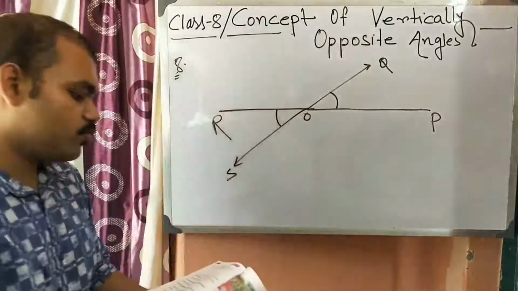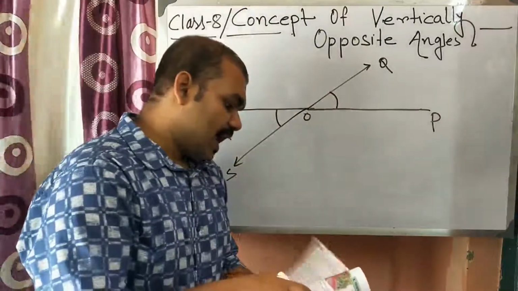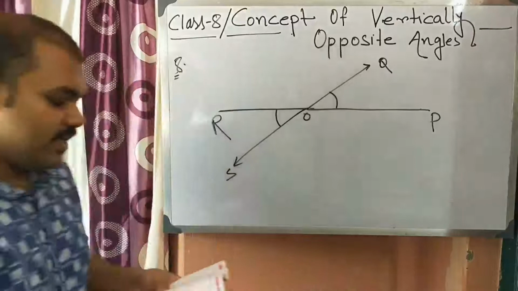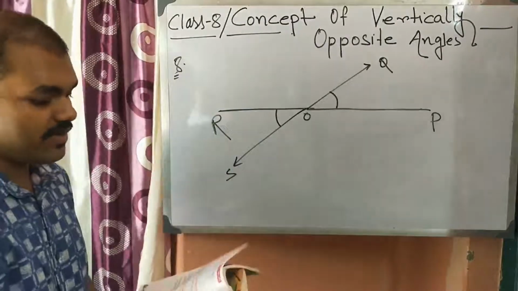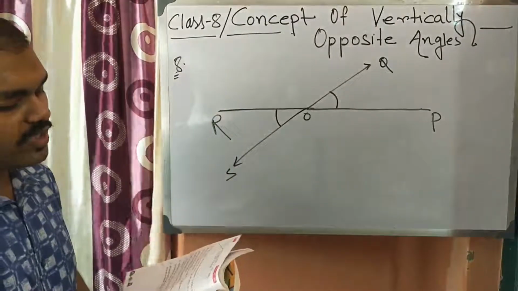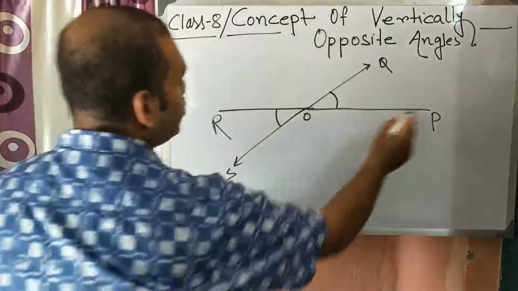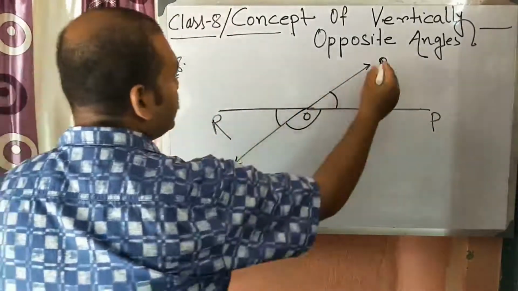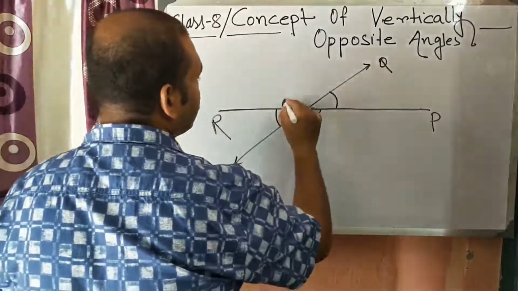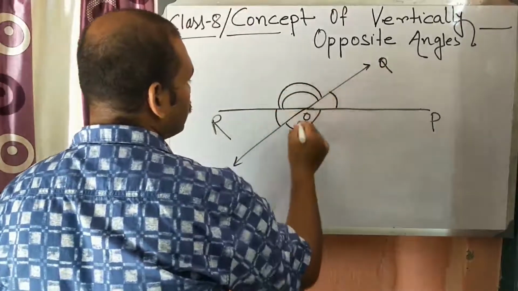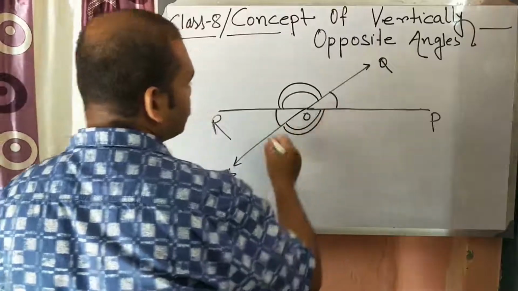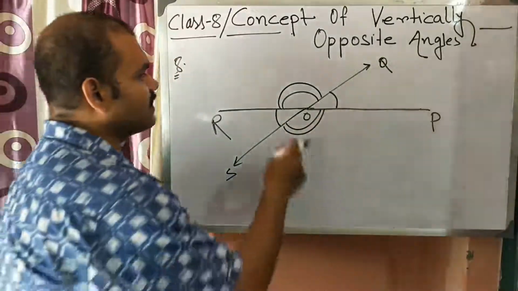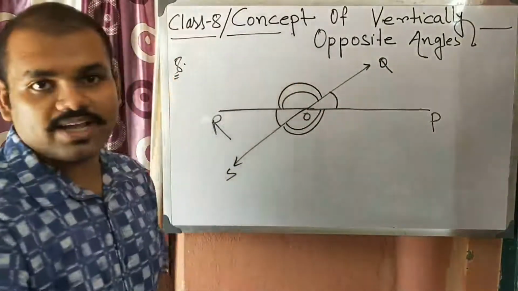Now what we need to prove? Also one thing is given, POS is equal to QOR, that is these two angles. So these are the vertically opposite angles. We can say this is also a vertically opposite angle.